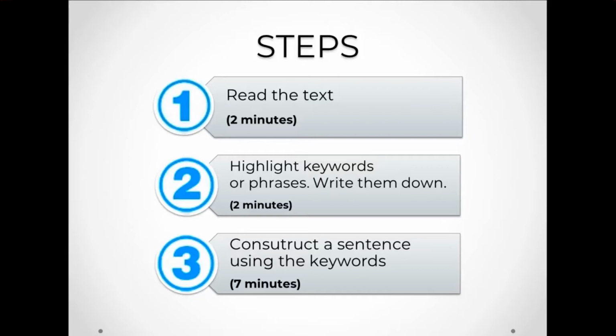Another thing that you should not do is write down exactly the same words that you extracted from the text. You need to paraphrase them. You need to find the synonyms of those words, or perhaps an opposite, and rearrange the sentence in order to accommodate to the opposite, to the antonym.